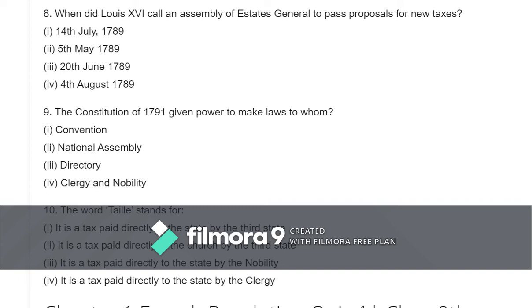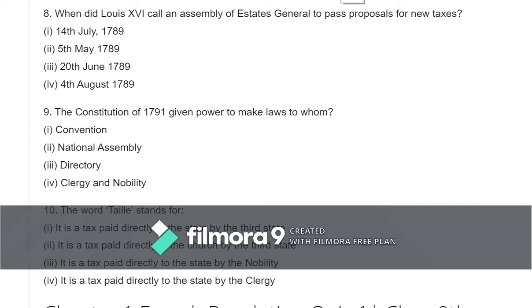By the end of this assembly, the third estate was not satisfied with the principle that each estate had one vote. So they appealed to change the principle, but it was not approved by Louis XVI.